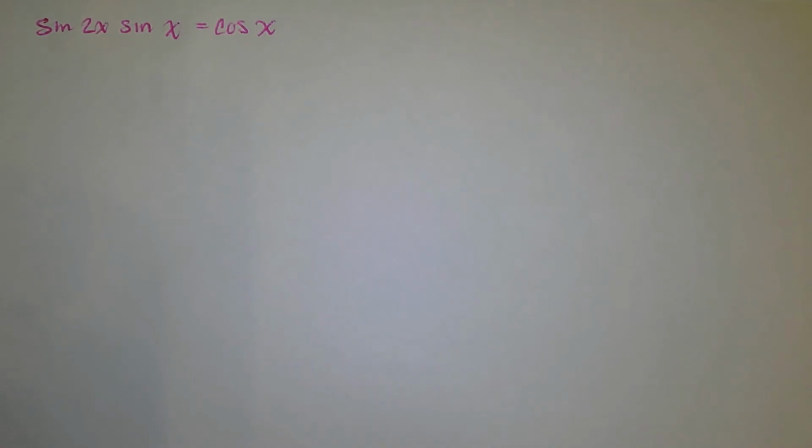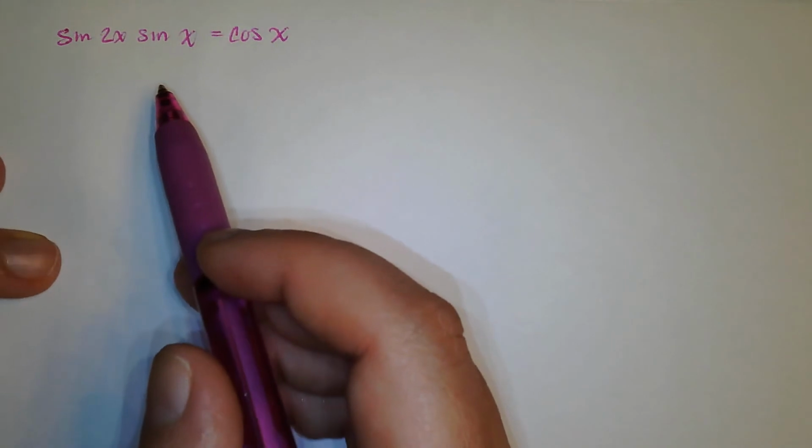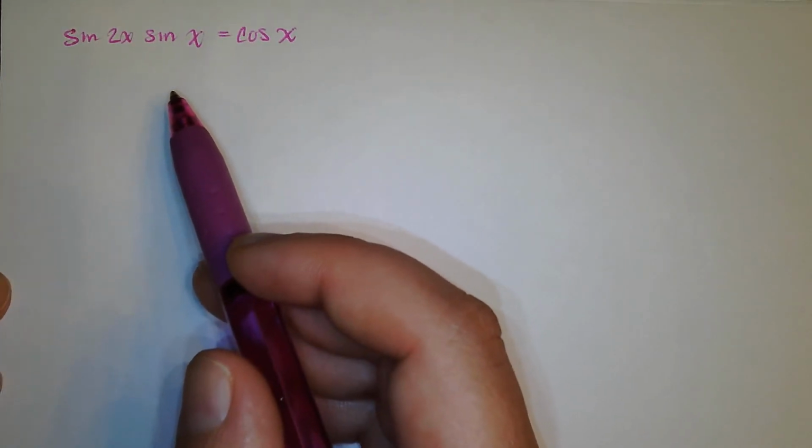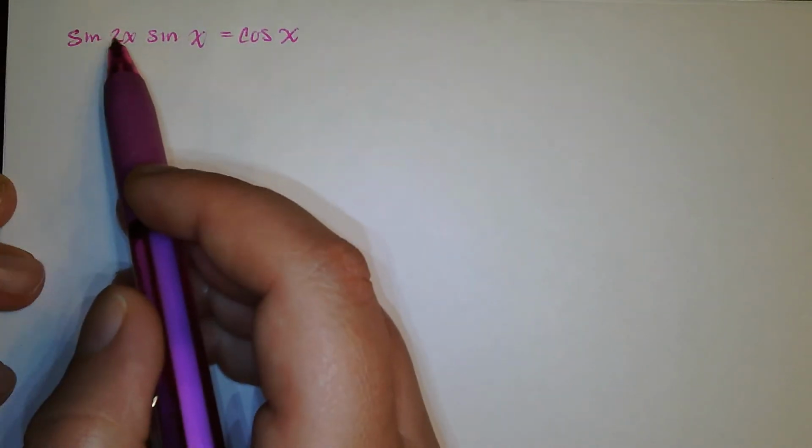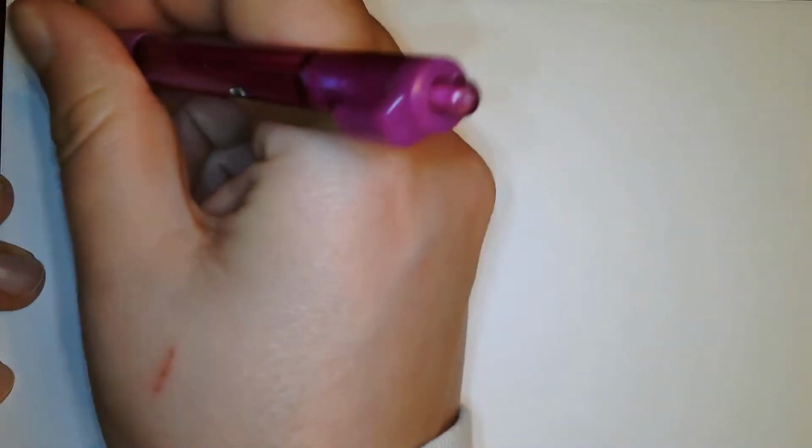Right here, this is sine of 2x times sine of x equals cosine x. And I'm going to do my best to simplify this. The first thing I see is the 2x, so I'm going to use the double angle formula. So 2 sine x cosine x, and that's what this changed into.